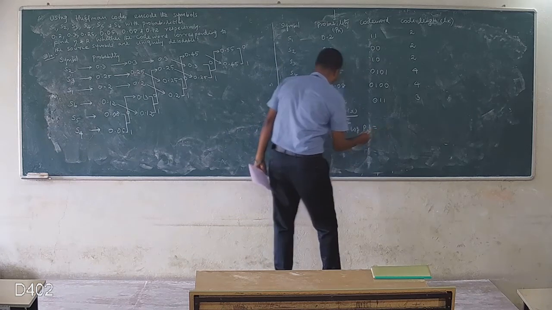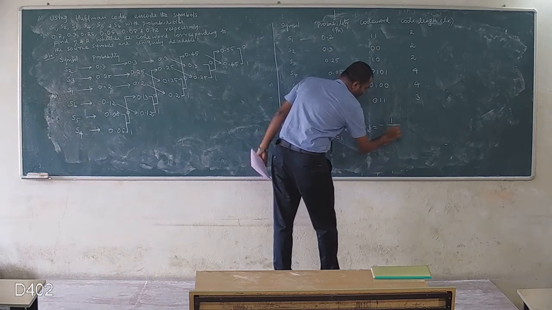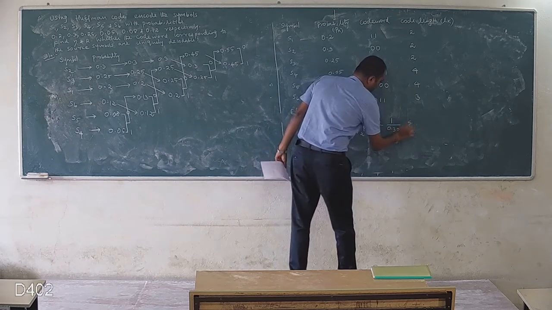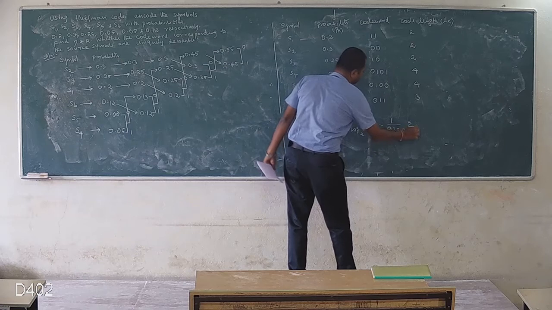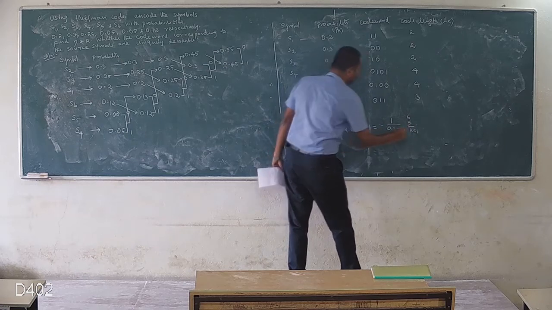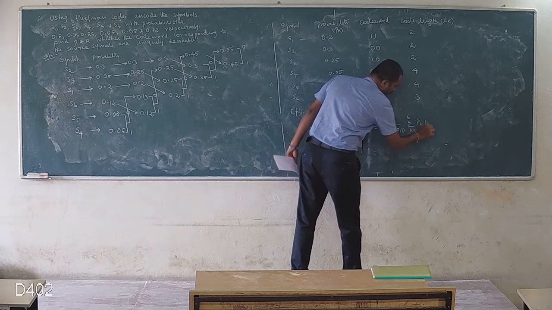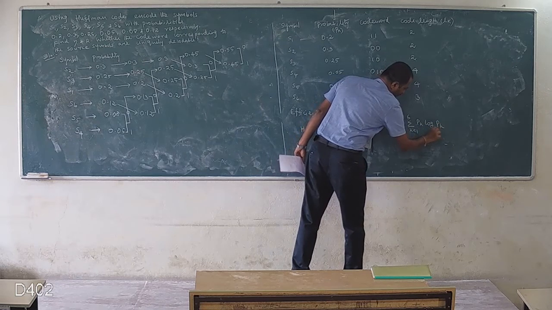So this formula can be rewritten as minus 1 by 0.3010 into summation k is equal to 1 to n, here 1 to 6, there are 6 symbols, pk into log pk to the base 10.